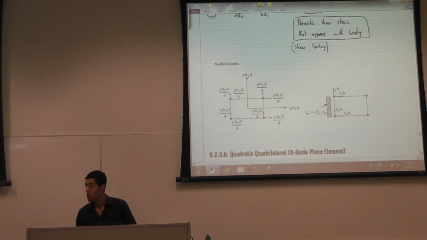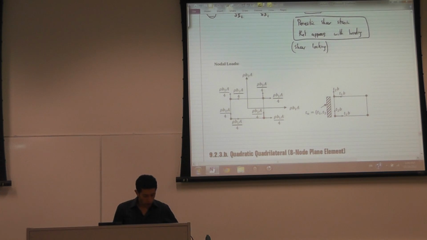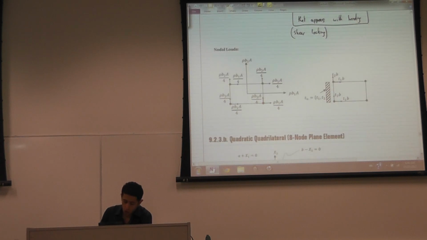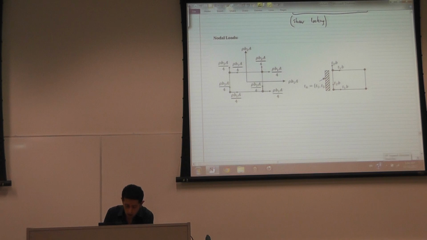To find the nodal loads, this will be straightforward when the distributed load is constant.